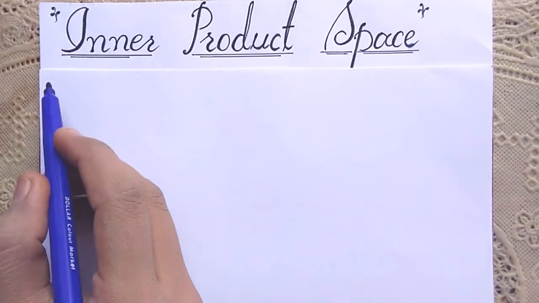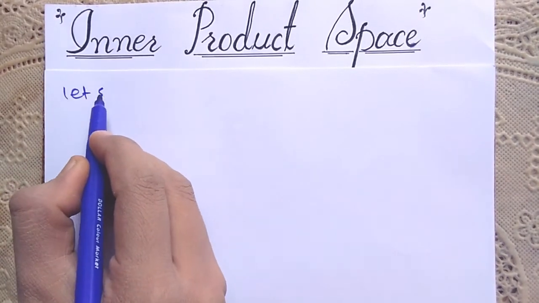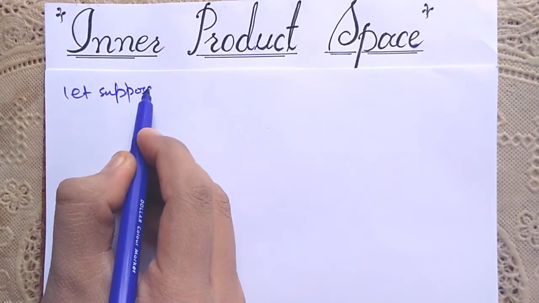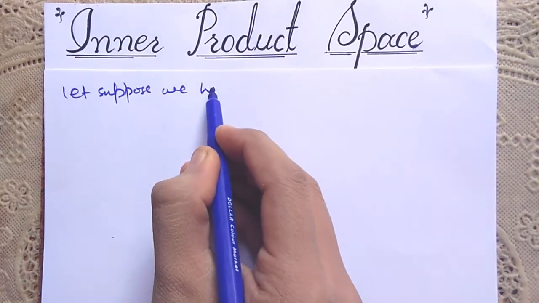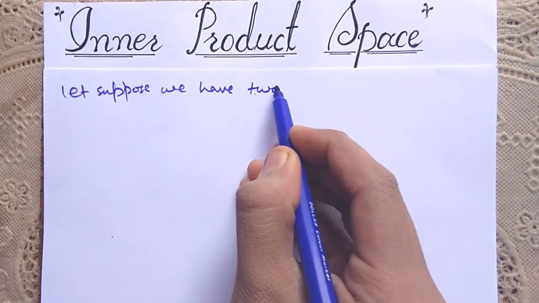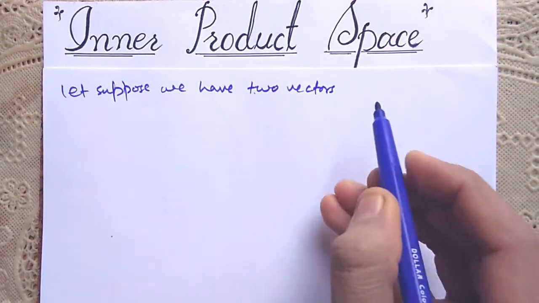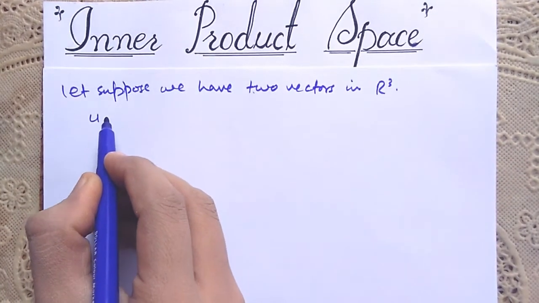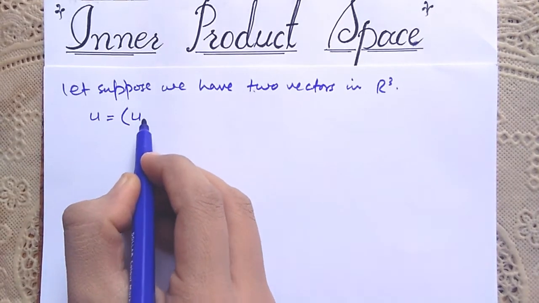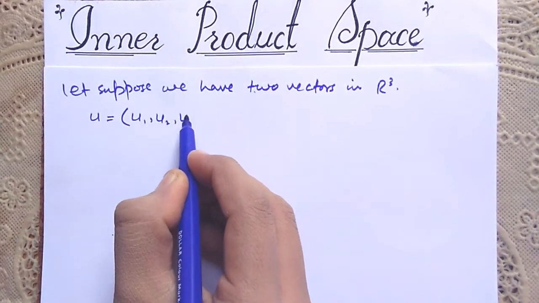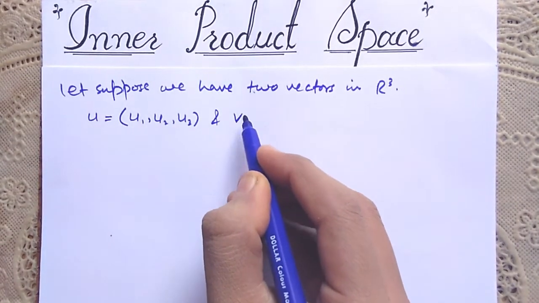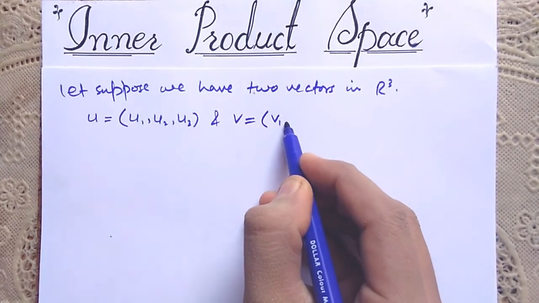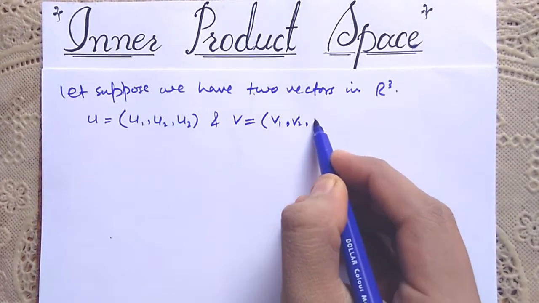Now let me take two vectors. Let's suppose we have two vectors in R3, and the two vectors are u, with coordinates u1, u2, u3, and the second vector is v, with coordinates v1, v2, v3.